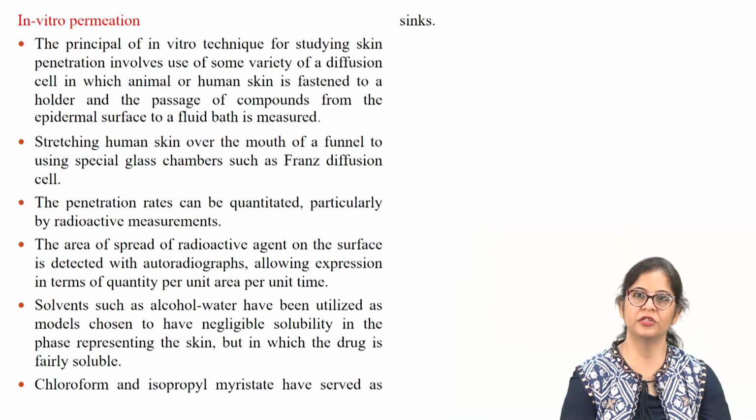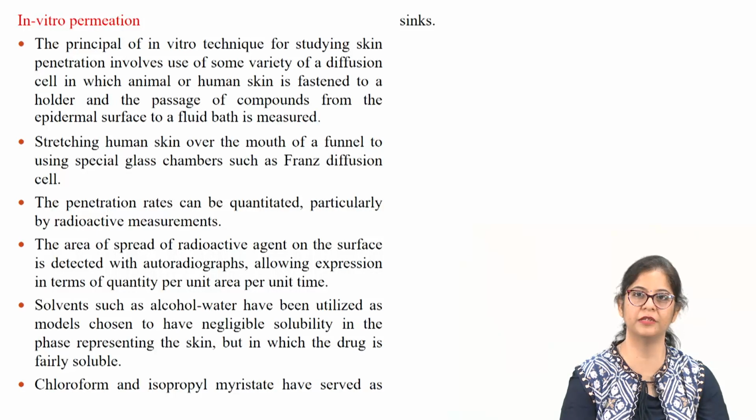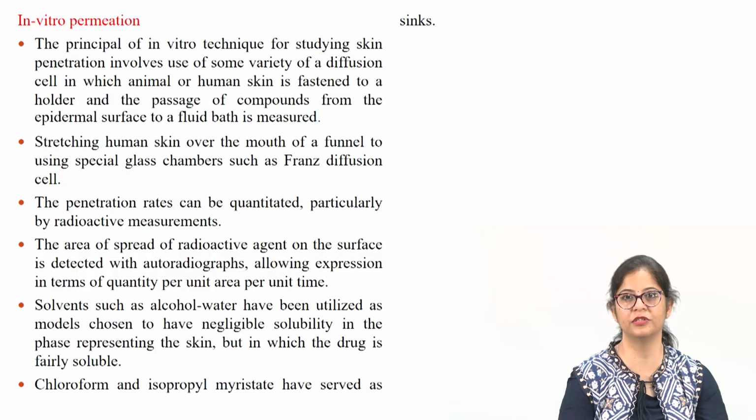In vitro permeation is required for studying skin penetration and involves a variety of diffusion cells in which animal or human skin is fastened to a holder, and the passage of compound from the epidermal surface to a fluid bath is measured. So, the human skin or a semi-permeable membrane is stretched and tied over the mouth of a funnel using glass chambers such as the Franz diffusion cells.